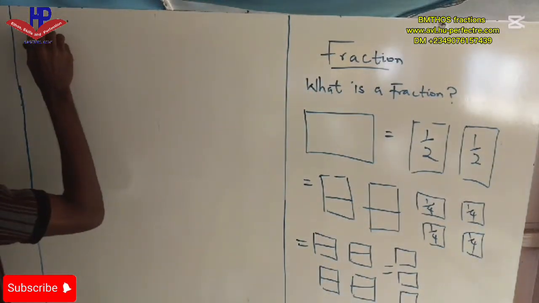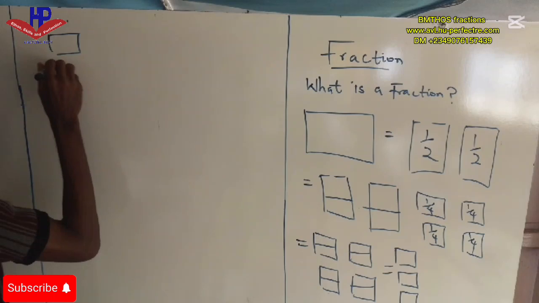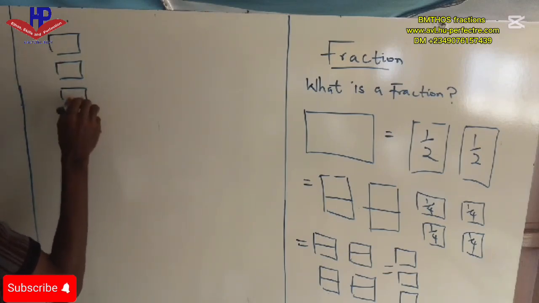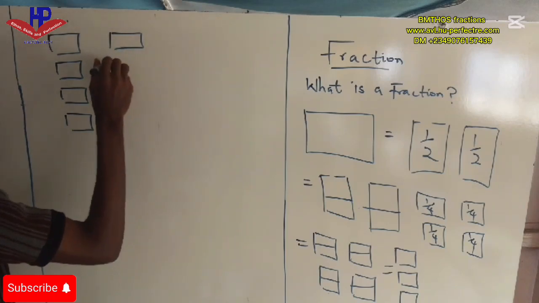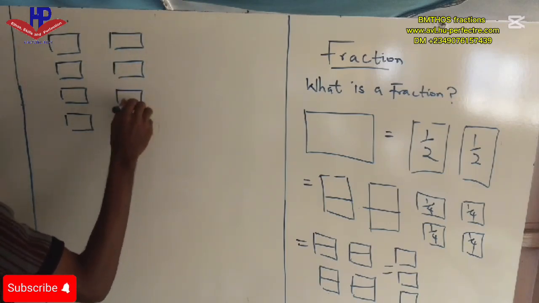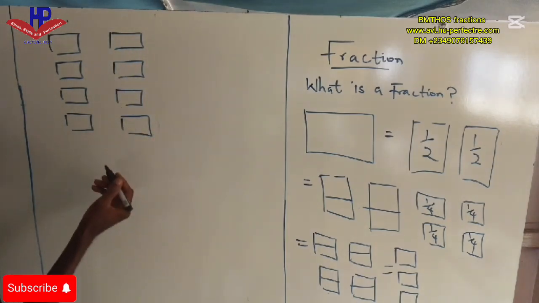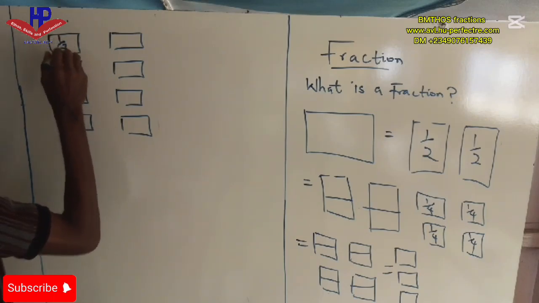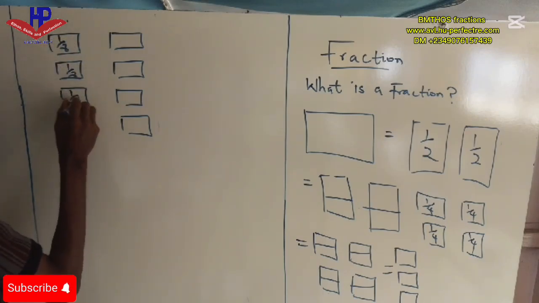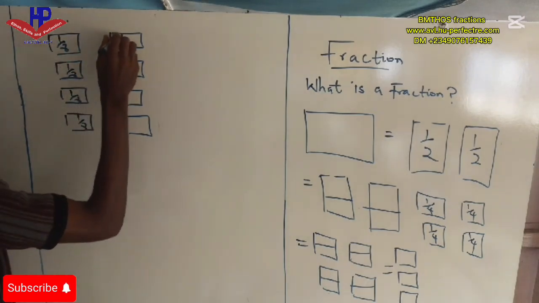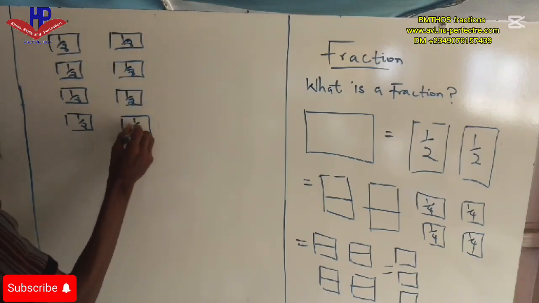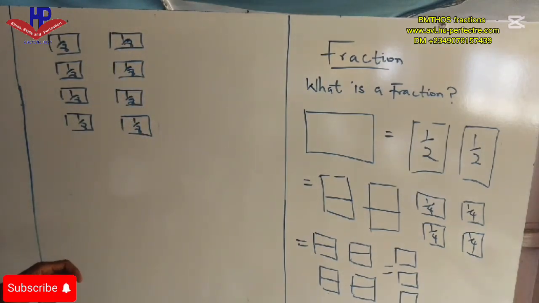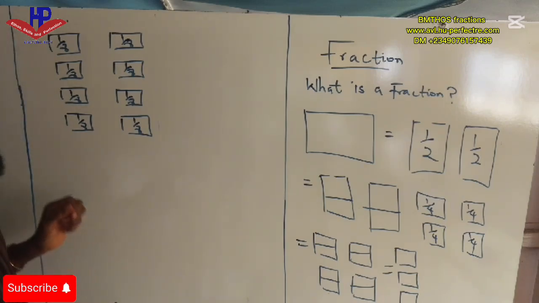So here we have 2 parts, 2 parts, 2 parts, 2 parts. This is 8. So here we have 1 over 8, 1 over 8, 1 over 8, 1 over 8, 1 over 8, 1 over 8, 1 over 8, 1 over 8. These are different fractions. So this is how you deal with fractions, should you be asked to write numbers in fractions.